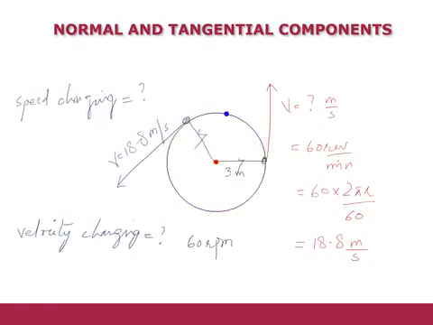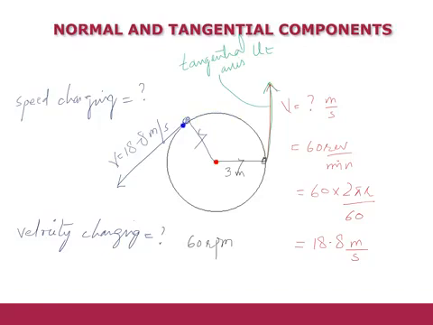Now, in order to define the acceleration of the particle moving in this curved path, let's introduce a new coordinate system, which is the normal and tangential coordinate system. In this system, we have a tangential direction which is always tangent to the path, so we call it the tangential axis, and it is represented by the unit vector ut, right?